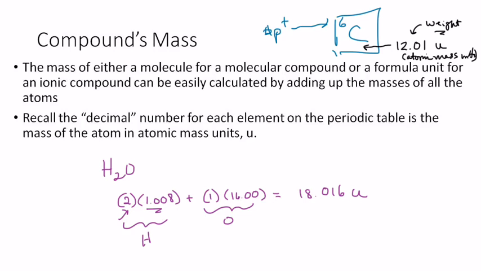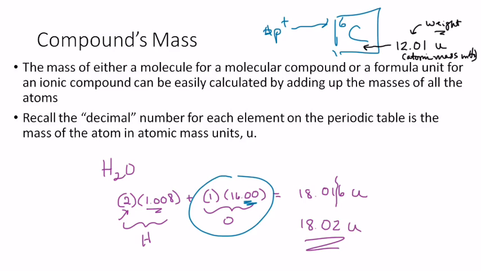That would be fine, but we need to round according to the 2 decimals introduced by the oxygen. So the best answer for the weight of a water molecule is 18.016 rounded to 2 decimals, 18.02 U's or AMUs. So that's it.